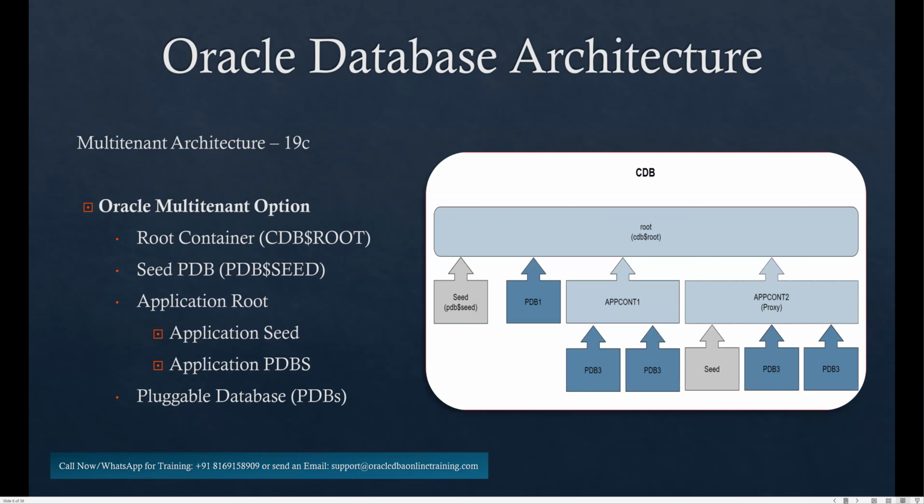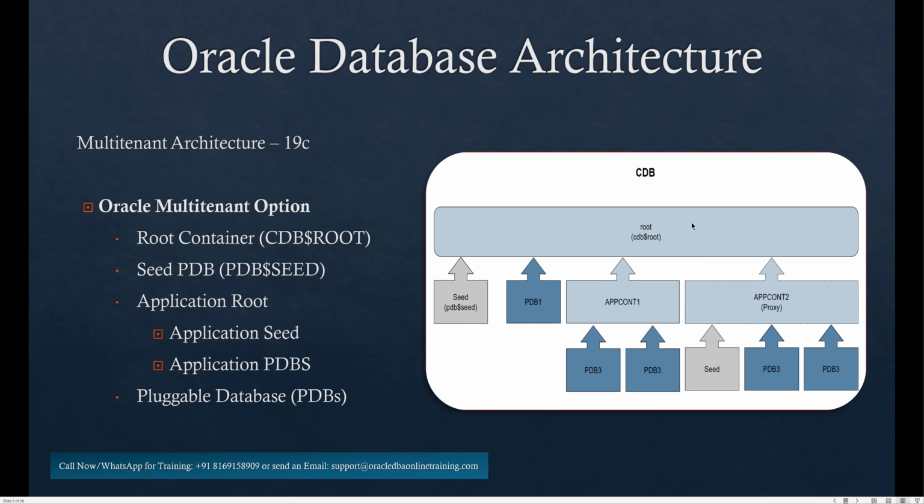Now the next one is Oracle Database Architecture for multi-tenant. Again, this has a slight variation from the previous diagram. If you're talking about multi-tenant architecture, you also have to talk about the root container. The root container is like the main container that gets created as part of container database creation.